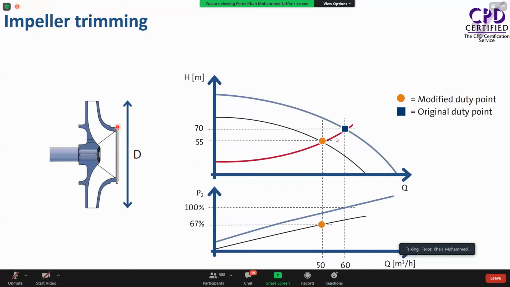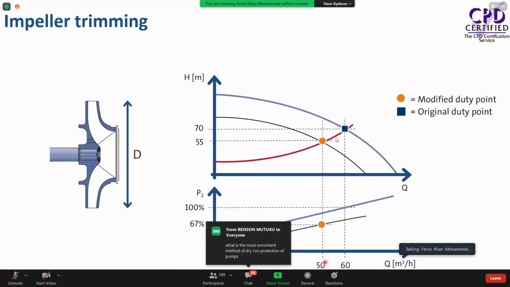Using the affinity laws, we can calculate what the new performance will be. If we have the duty point from the original curve, we know the flow, head, and the speed. If we know our required flow and head, then we can calculate the speed, or if we know the revised speed, then from that we can calculate the newer flow and head, and also the power consumption.